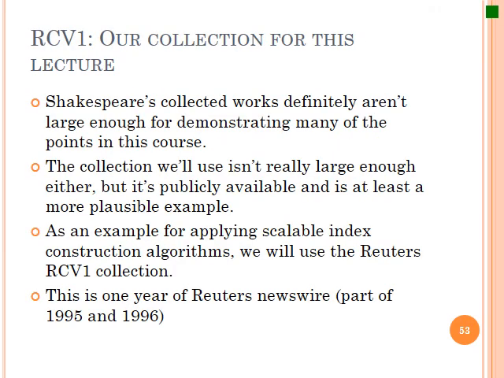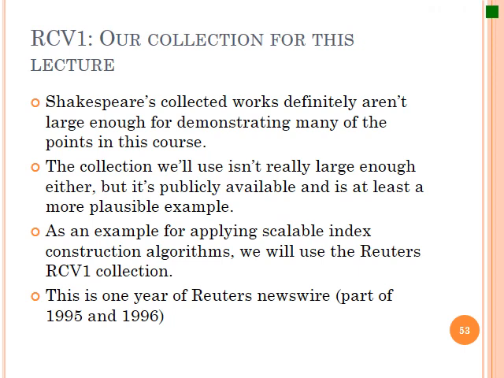Our example corpus for this purpose is called RCV1, which is much larger than Shakespeare's collection of works. The collection that we use isn't really large by any industry standard, but it's large enough for us to have some feel for how to retrieve from a document collection.